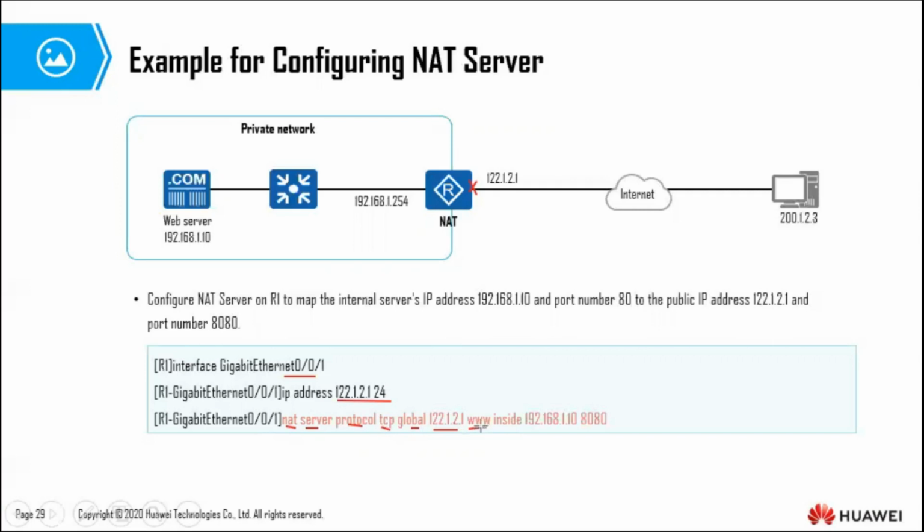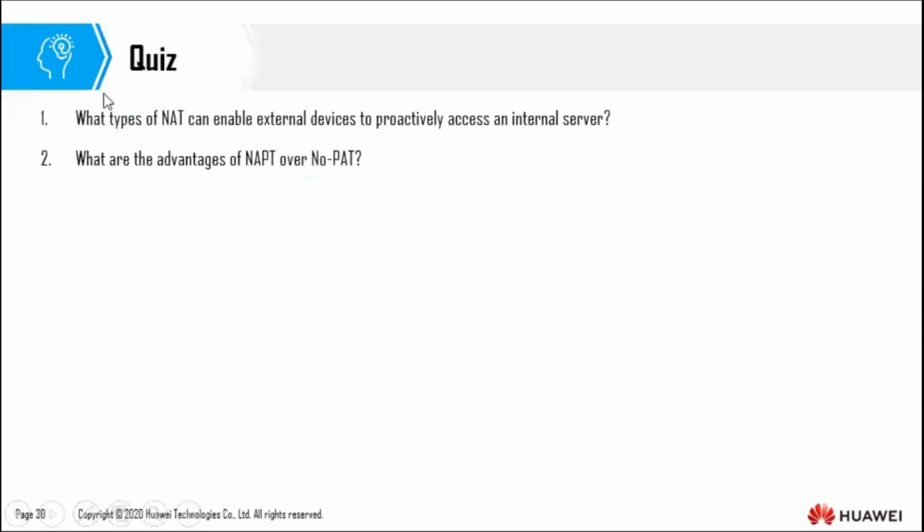This service is www. By default, www uses port 80. So it simply means 122.1.2.1 port 80, then inside 192.168.1.10 port 80. So that is how we configure NAT server.